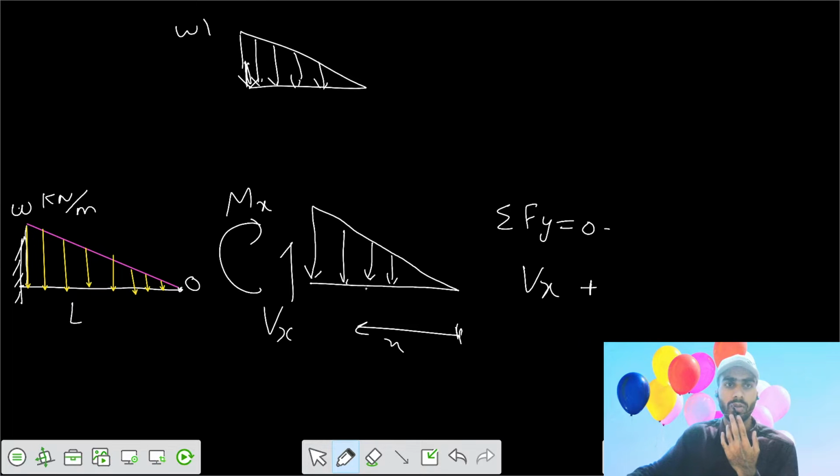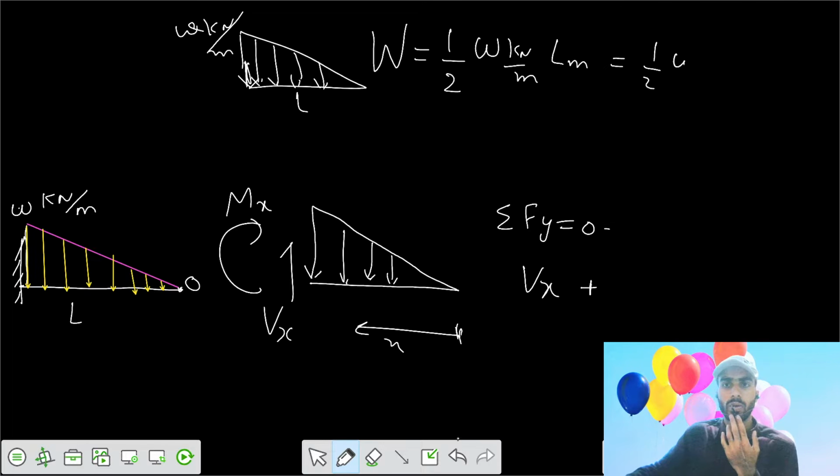This was W kilonewton per meter. The total load in kilonewton is the area of the loading diagram: 1/2 into W kilonewton per meter into L meter, equals 1/2 WL.